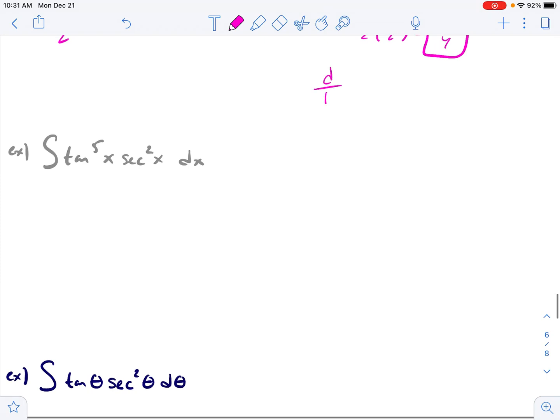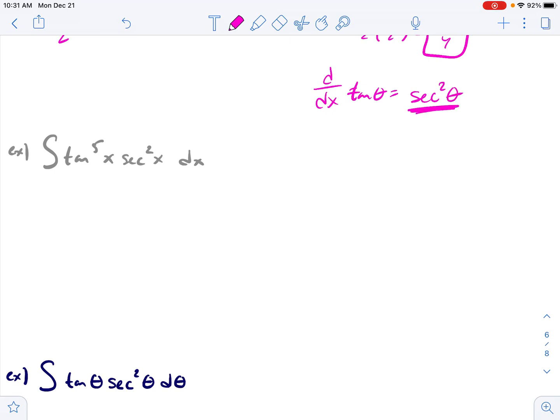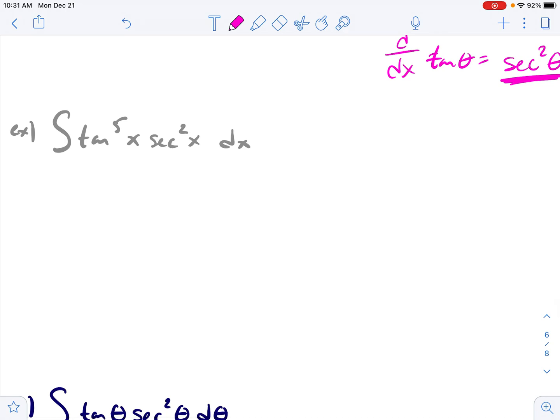Remember, the derivative of tan is secant squared, right? So if you see tan with a secant squared, usually the tan function is going to be your u, and the du will pick up the secant squared. So here we have the integral of tan to the 5th secant squared x dx.